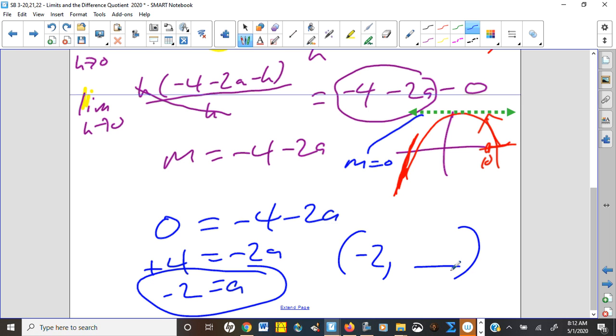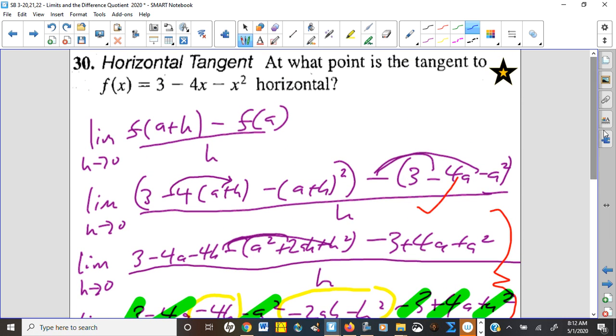Now, you'd have to plug that in to find the y value, wouldn't you? So if you go back to the original equation and plug in a negative 2, I would get 3 plus 8, because negative 4 times negative 2 is 8. And then negative 2 squared would be 4, but I'm subtracting it.